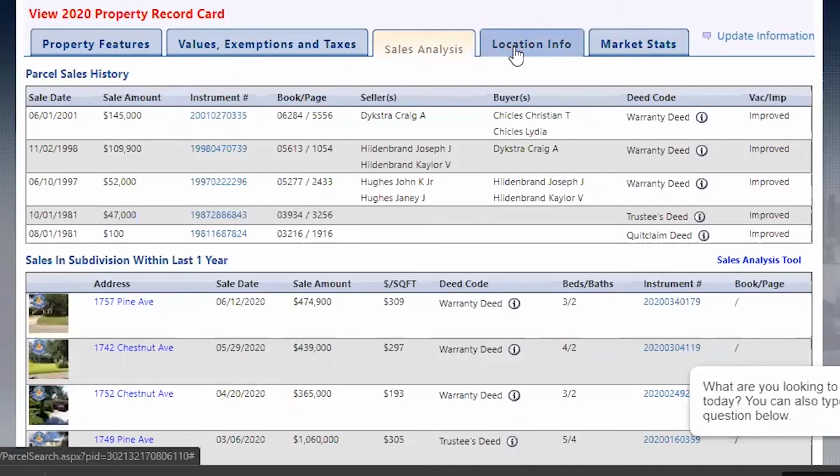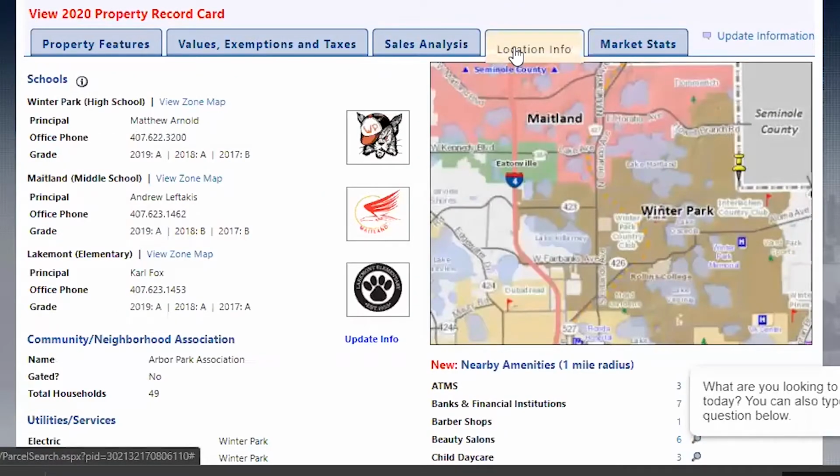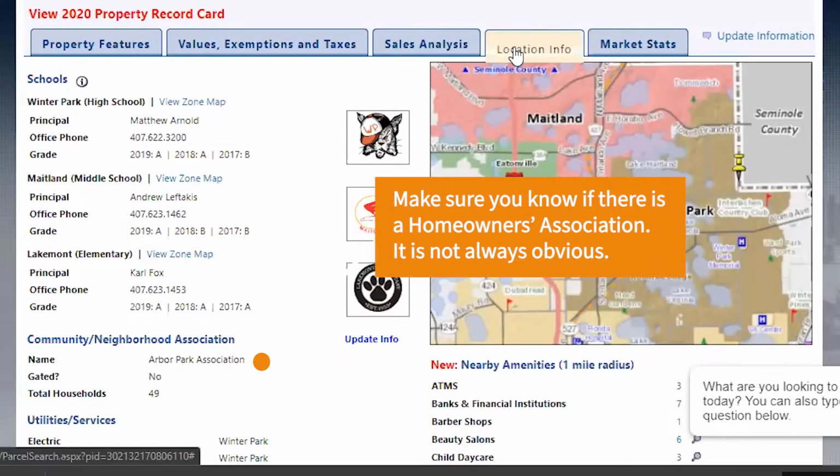Next, we're going to flip to the location information. Now, if you're flipping, a buyer wants to know information about the schools.